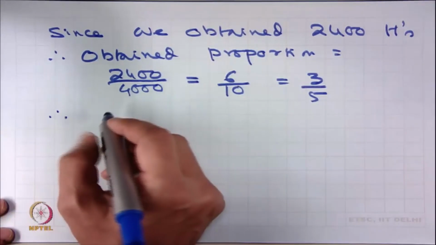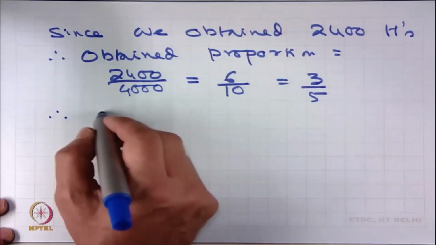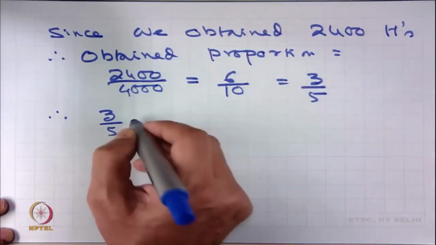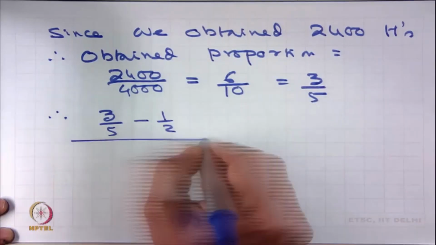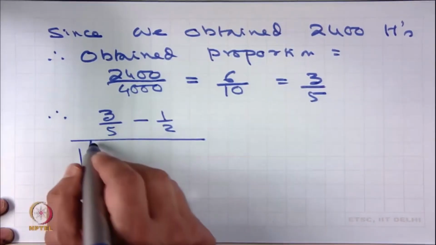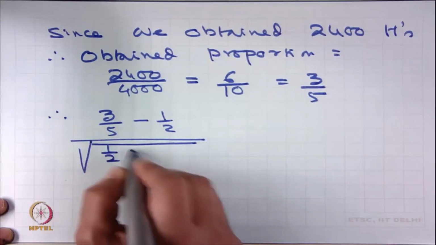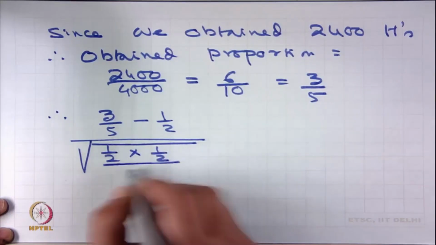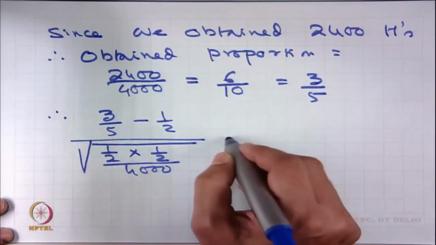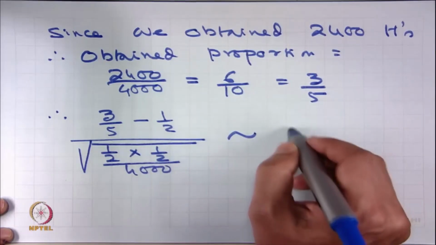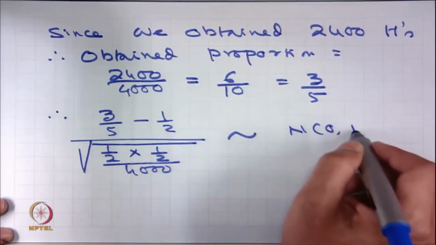Therefore, (3 upon 5 minus half) divided by root over half into half upon 4000 can be assumed to be normal 0, 1.